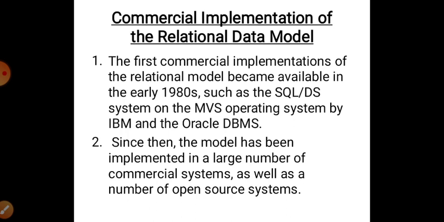Students, the paper was presented in 1970 and the commercial implementation of the relational model became available after one decade, that is in 1980s, such as SQL/DS system on the MVS operating system by IBM and Oracle DBMS. So two products came out. One is IBM with SQL/DS database system and the other is Oracle.